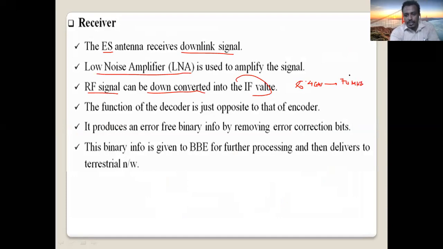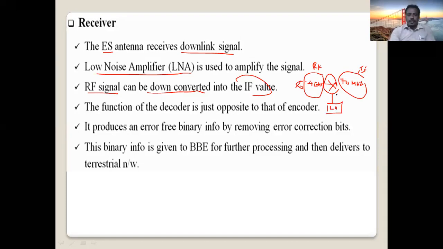This is called intermediate frequency. This is called RF, right? This is our RF. After mixing we call it IF, intermediate frequency. How do we get it? By using a device called the down converter mixer, which uses another oscillator called the local oscillator.